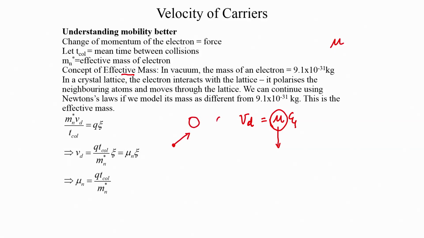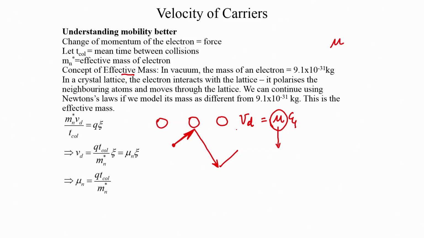You have all the atoms in the lattice, and the electron is accelerating because of the applied electric field, then it quickly scatters with the lattice, and then it accelerates again, quickly scatters and loses velocity, etc. Because of this very complex movement of the electron in the lattice, it is quite impossible for us to use Newton's laws of motion directly.